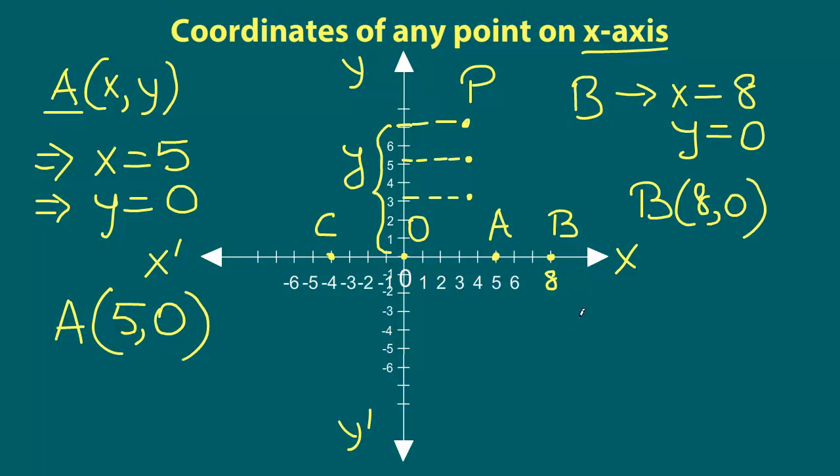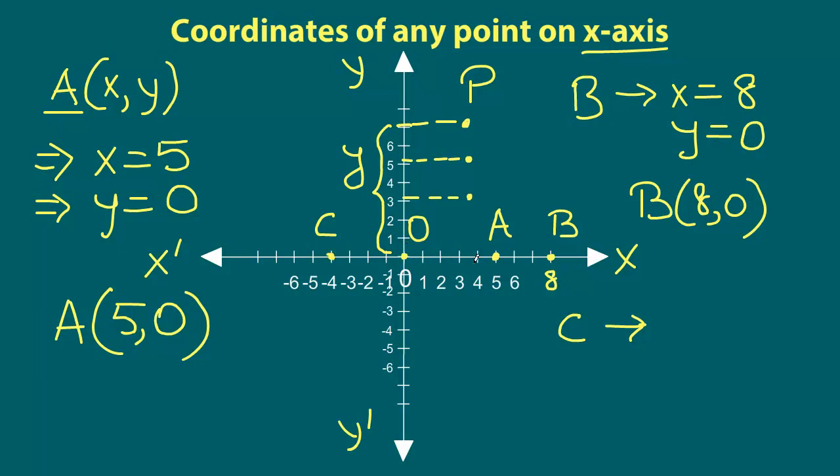So for point C, what can we say? How far away is point C along the x-axis from the origin? We see it is 1, 2, 3, 4, but this is minus 4. Remember that this is the origin.